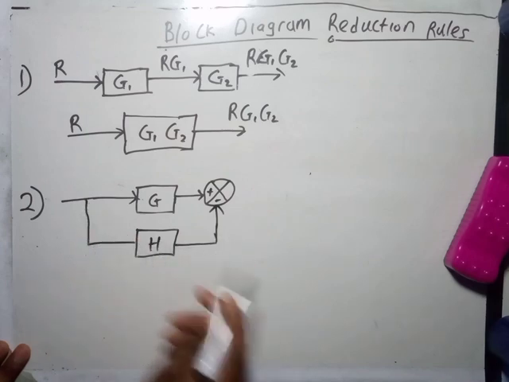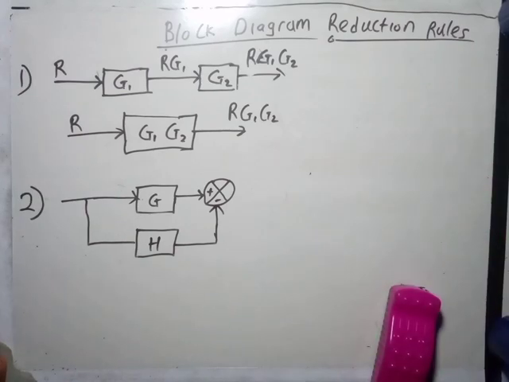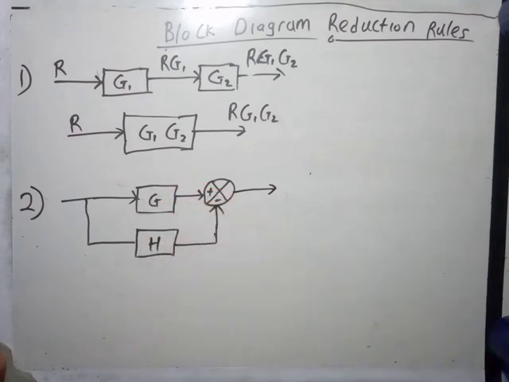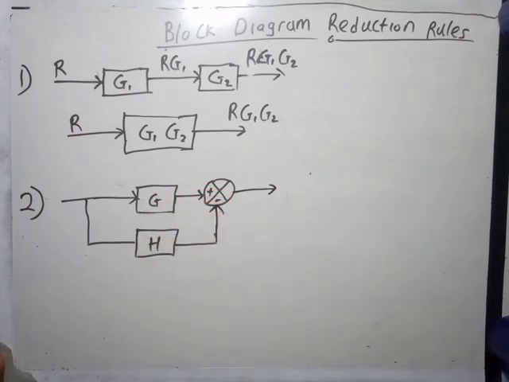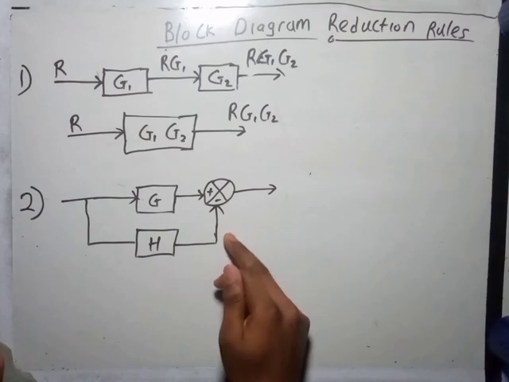Now this normally confuses students; they don't know the difference between the parallel connected transfer function and a feedback loop. For instance, this is not a feedback loop.